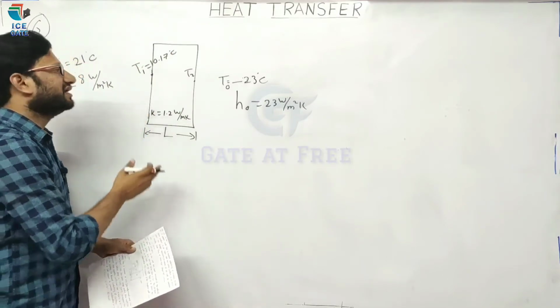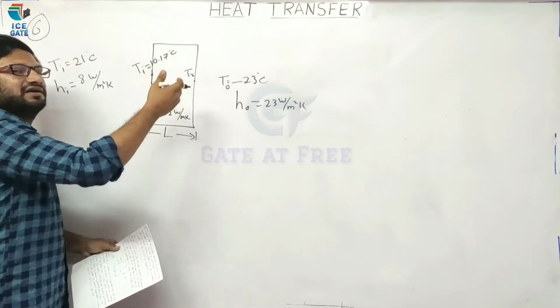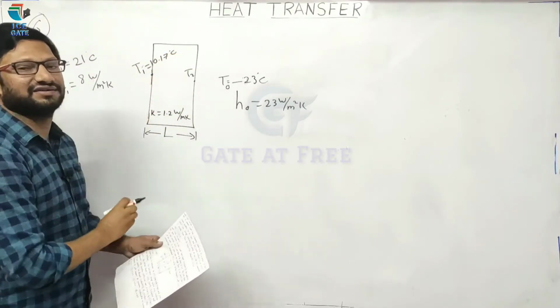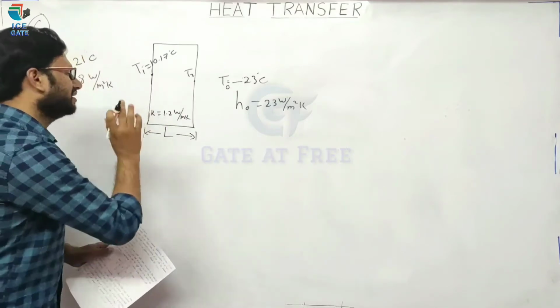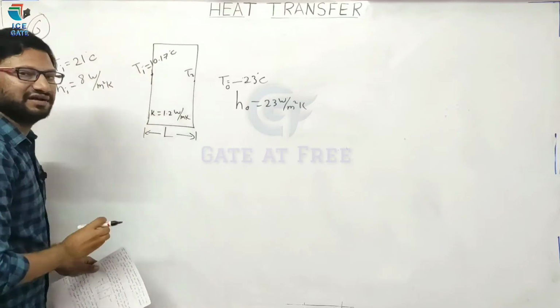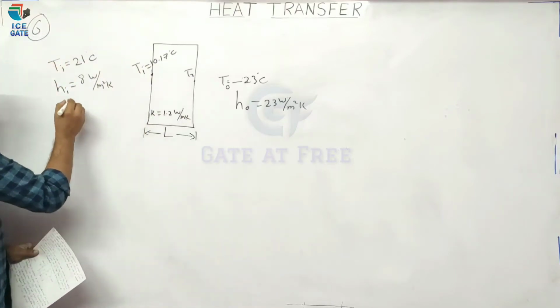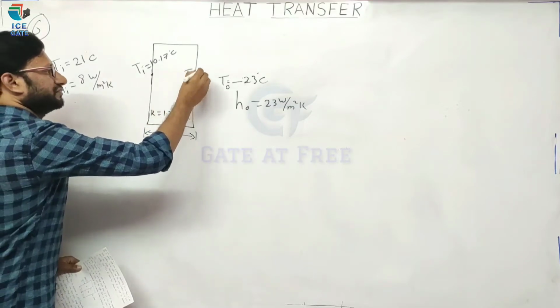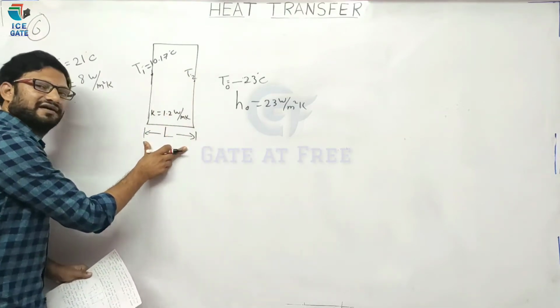If the temperature of the wall reduces below 10.17, then only condensation will start. Now assume the inside wall temperature as 10.17 degrees centigrade. Now we have to calculate the thickness of the wall.